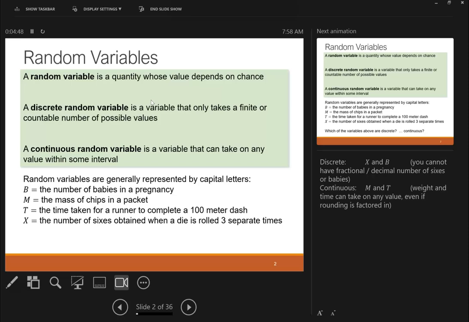Because how many babies can you have in a pregnancy? 1, 2, 3, 4. Yeah, maybe 5. In theory that can go up, but it's not going to be. You can't have 1.1 babies or 1.05 babies, right? There's a fixed number. Now, is there an upper bound to that?